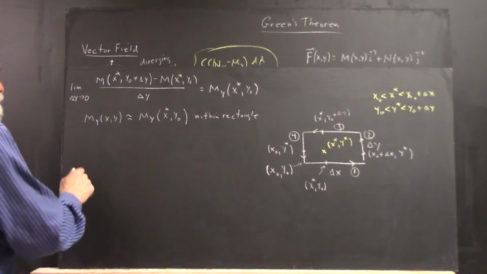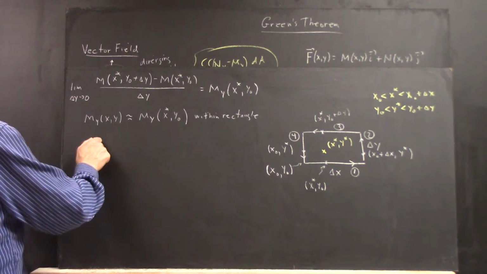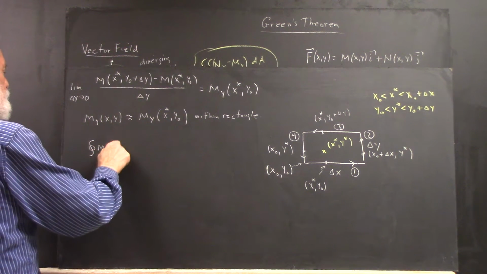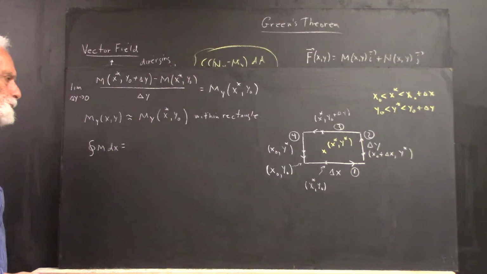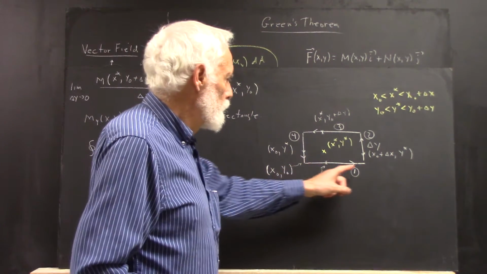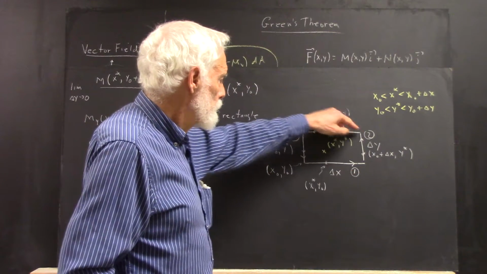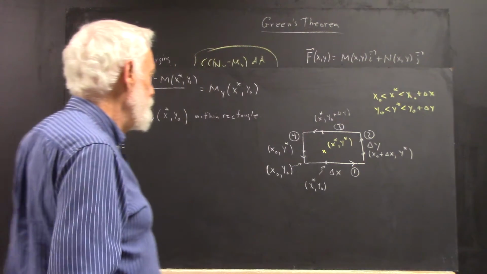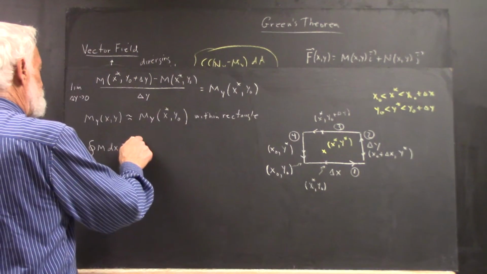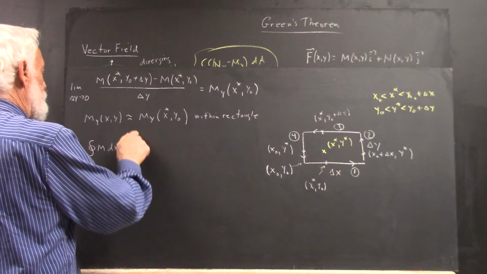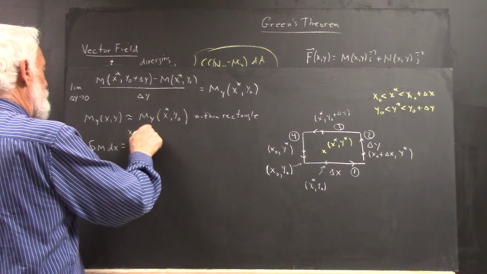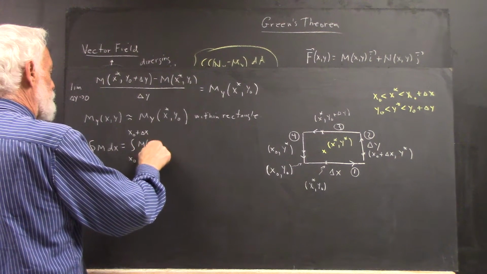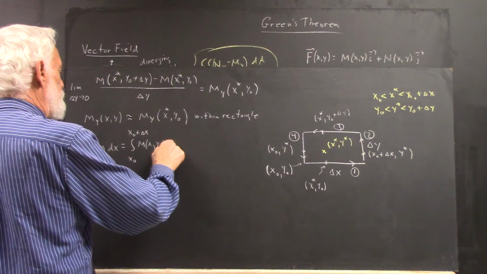Okay, so now if I want the integral of m dx, that's going to be the integral over path 1 plus the integral over path 2. Well, the integral of m dx over path 1 is the integral from x naught to x naught plus delta x of m of x, y naught dx.